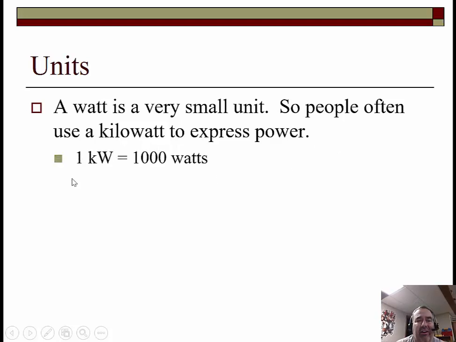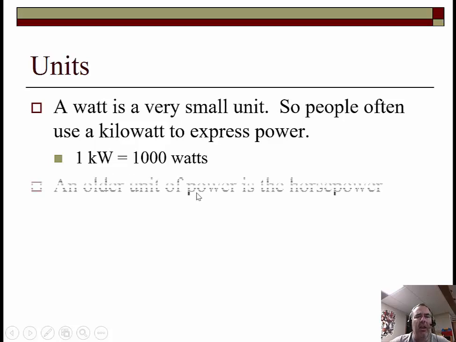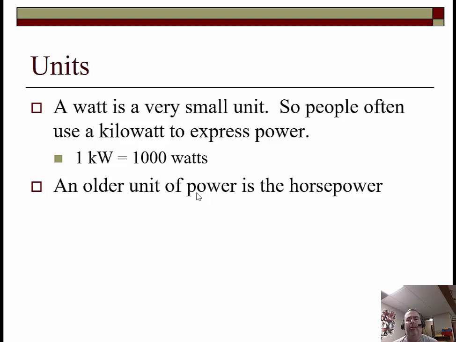If you think of your stair steps, we're about 3 steps away from kilo. That's the top of our step. Notice there's no prefix here, so that's our base. So there are 1,000 watts in 1 kilowatt. Now an older unit for power is the horsepower.